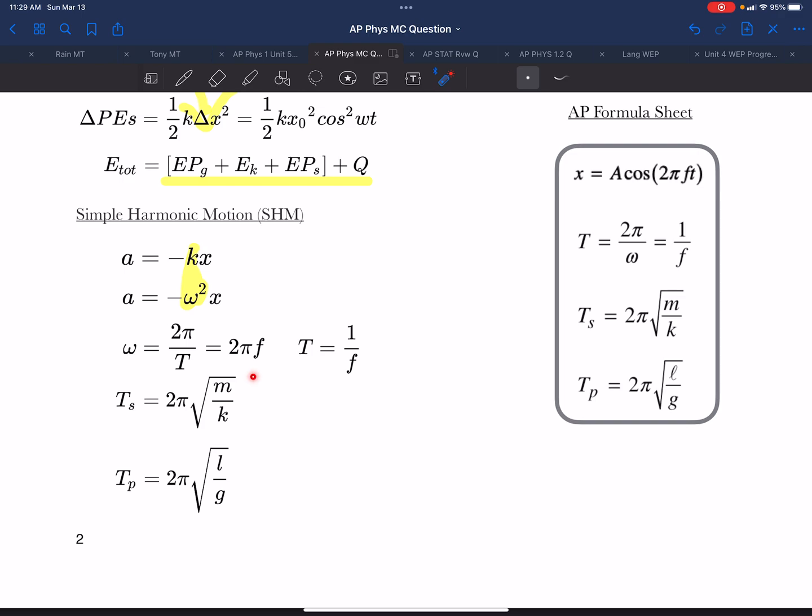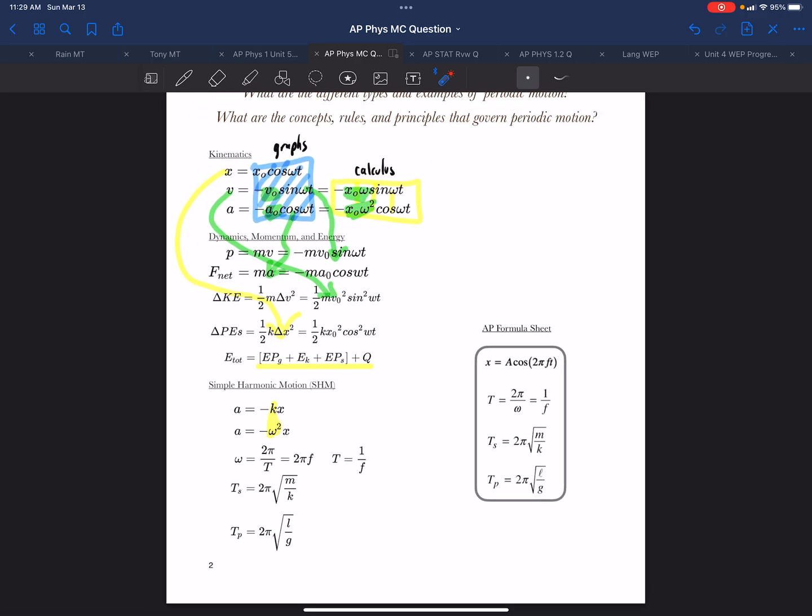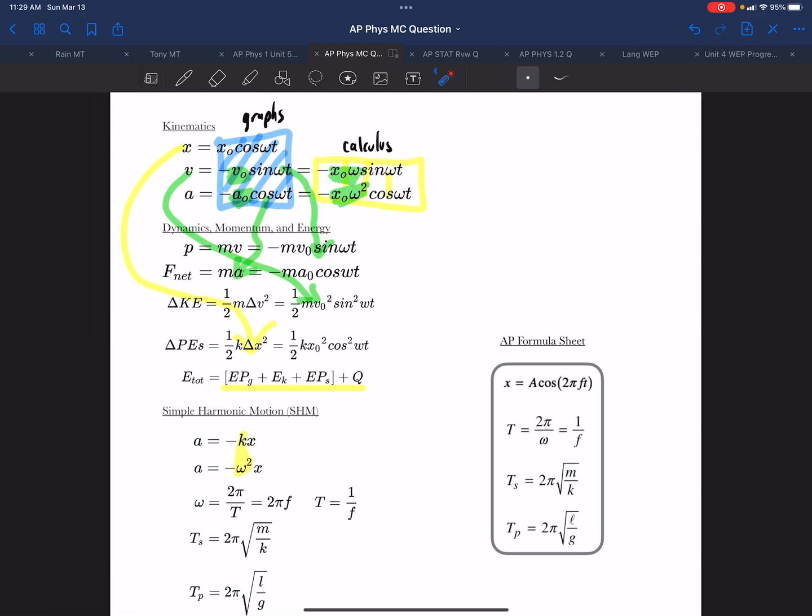And we also derive these two expressions for the period of a spring and the period of a pendulum. So these are all of the equations that we might want to use. And in simple harmonic motion, we would just remember that V0 is x naught omega, and the maximum acceleration is x naught omega squared.